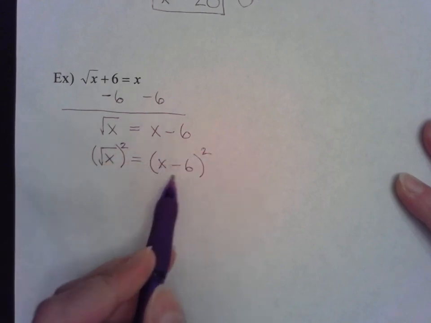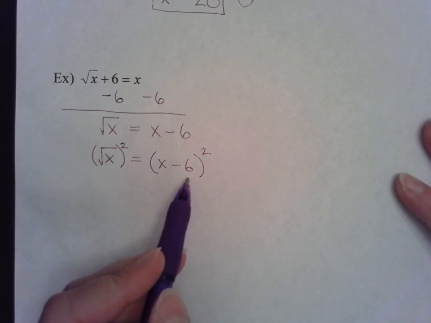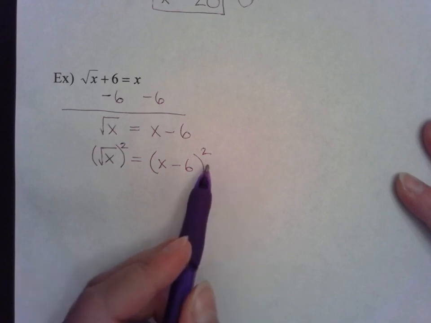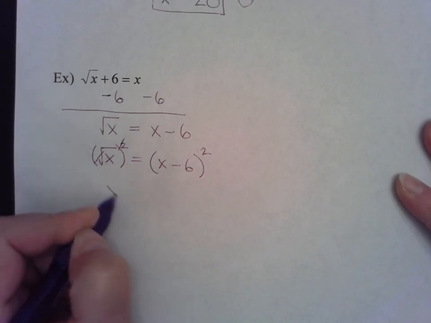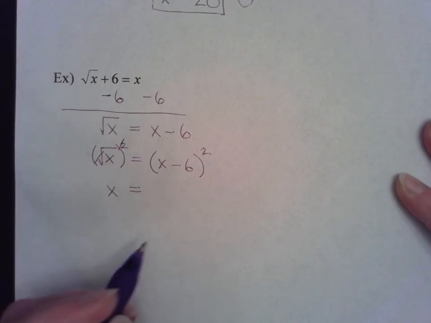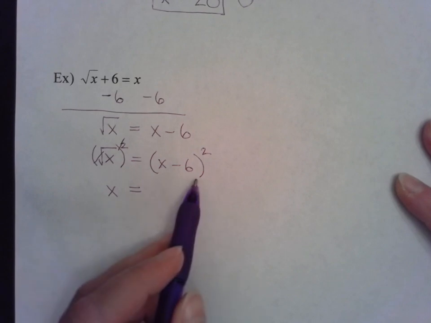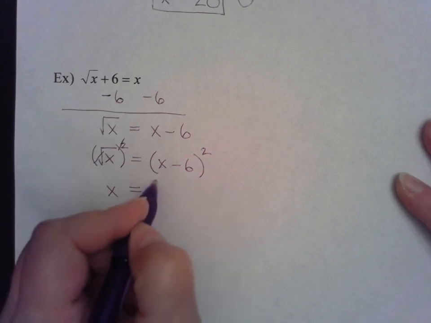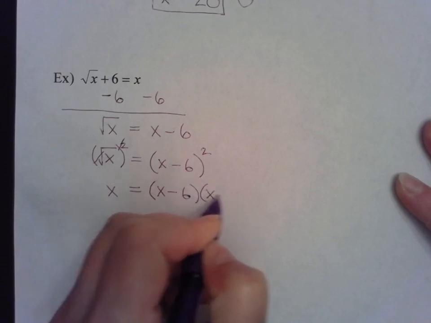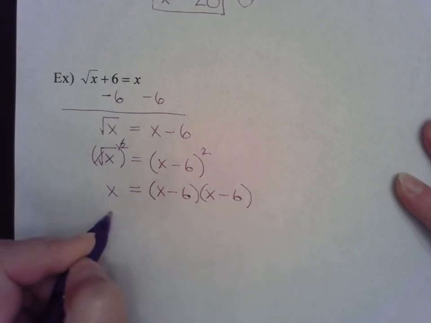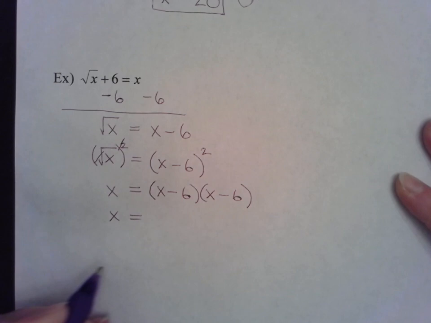And since I have 2 parts on the right hand side, I need to put that in parentheses and square it. Okay, on the left, the square and the square root are going to cancel each other out. On the right, I need to use FOIL to multiply this together. So I'm going to write out 2 copies of x minus 6, since that's really what the square implies.